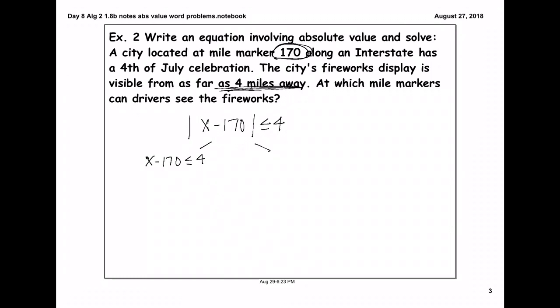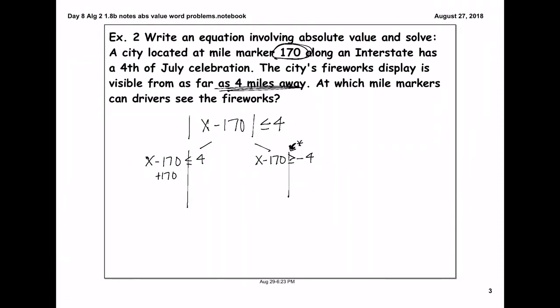Then our second inequality is going to be x minus 170 is greater than or equal to negative 4. So when you flip over your inequality symbol for your second equation, you need to place a negative on that number. After you split it into your 2 inequalities, you want to solve just like we solved inequalities previously.